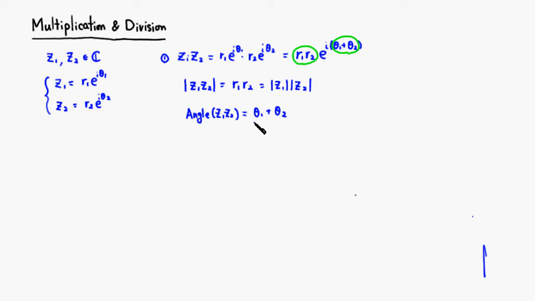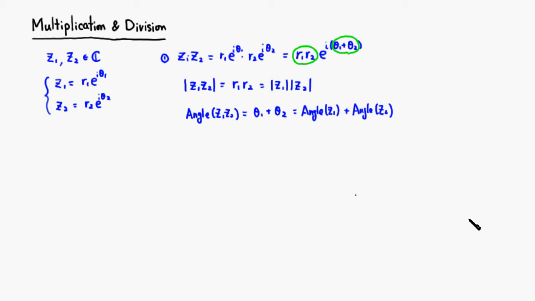It's actually an addition between angles. So this is the same thing as angle of Z1 plus angle of Z2. So this is how the multiplication Z1 times Z2 behaves.